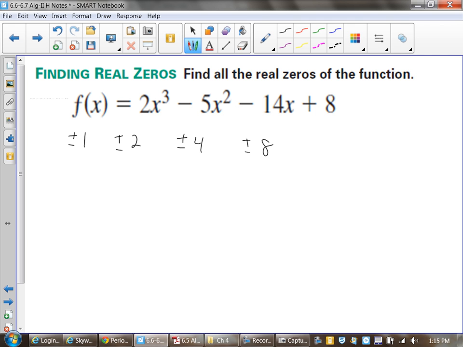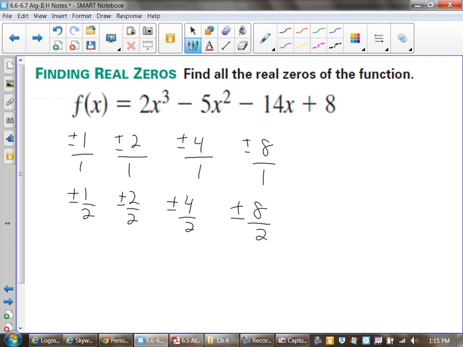And I divide that by all the possible factors of my leading term coefficient. What are the factors of 2? 1 and 2. So I divide them all by 1. And then I have to divide them all by 2. And you will see something that happens.